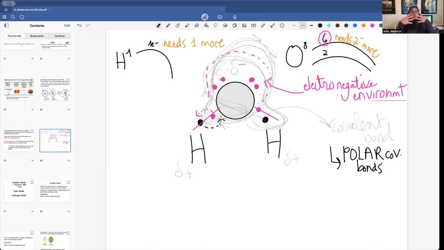These clouds are being sucked up towards the oxygen, and you end up with a slightly more negative end to this polar molecule and slightly more positive ends towards the hydrogen. So these covalent bonds between oxygen and hydrogen are described as polar covalent bonds, because the electron spends more time hovering around oxygen than actually being in the bond.